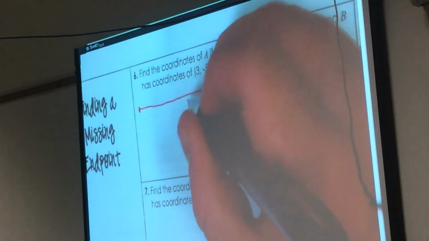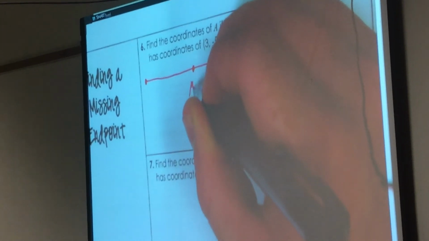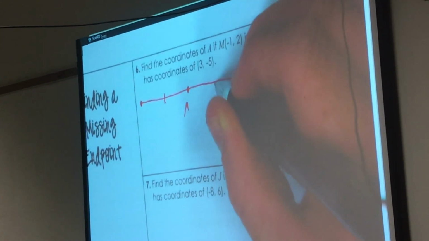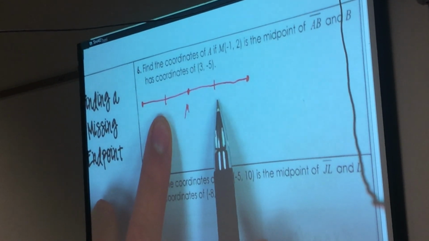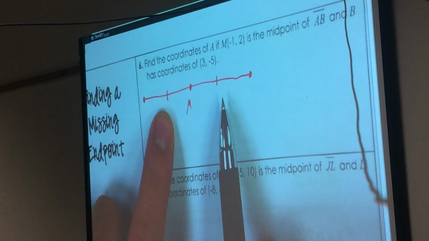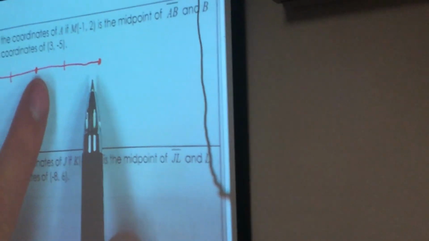I'd have to find the midpoint, and that would have given me whatever this point is, which means these two pieces are going to be equal, right? If I have a midpoint, that means it's splitting that segment in half, so this half would have to be the same as this half, right?